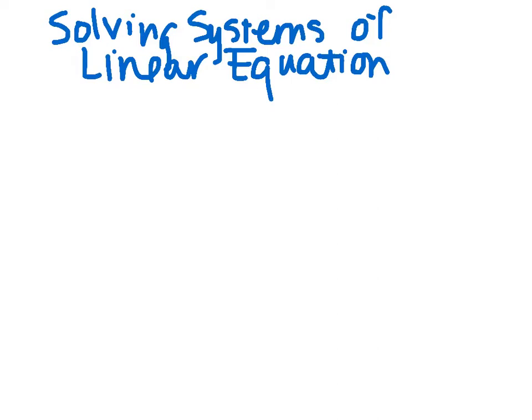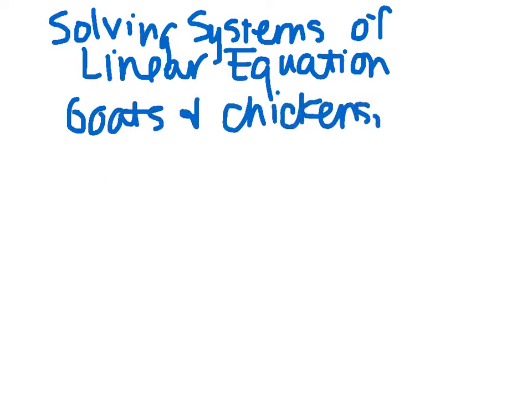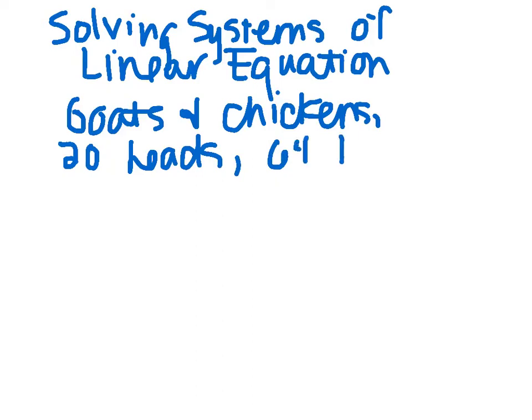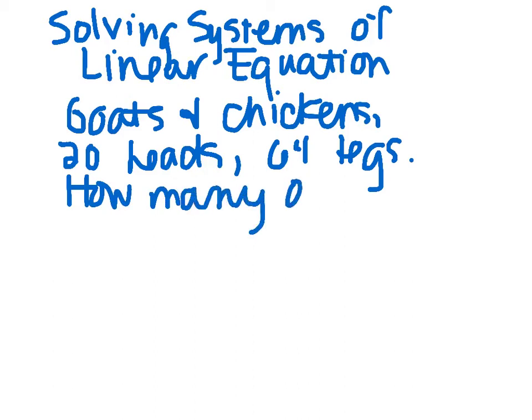that Farmer McDonald had goats and chickens with a total of 20 heads and 64 legs. And we want to know how many of each. So this situation can be described by two different equations.